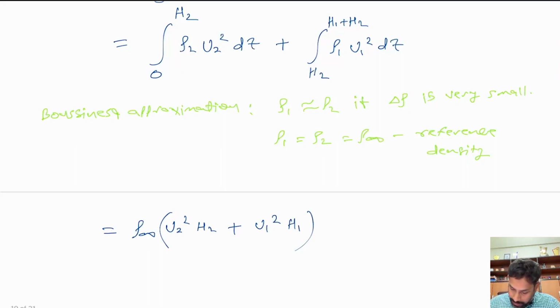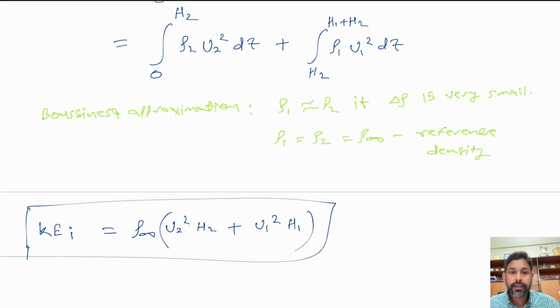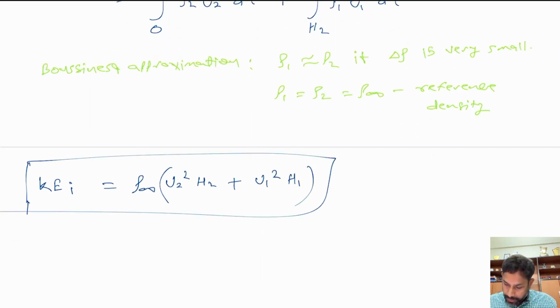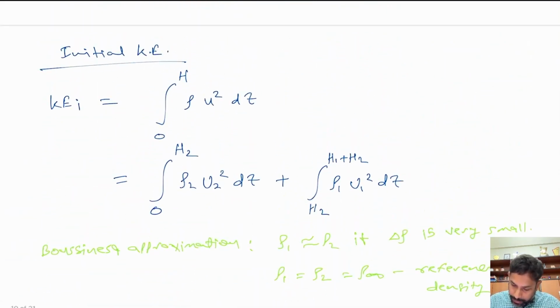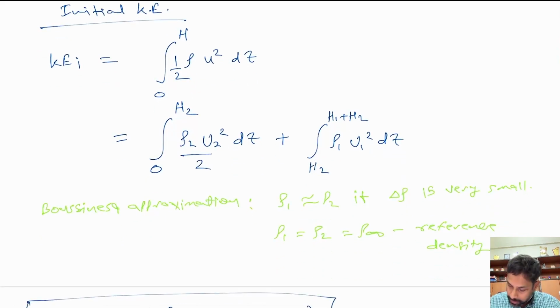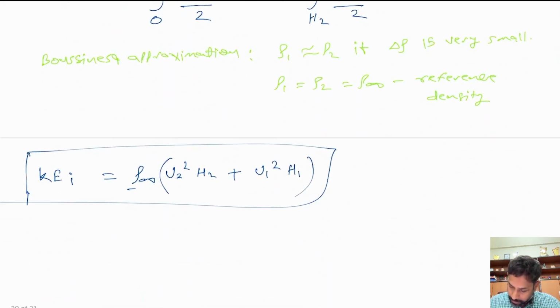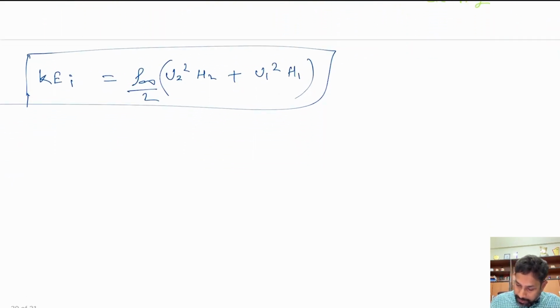Okay, so this is the kinetic energy initial, that is there before mixing. And I just realized that we are supposed to keep a factor of half here, so that will come. So this is the kinetic energy we will get, right? So that is the initial kinetic energy.